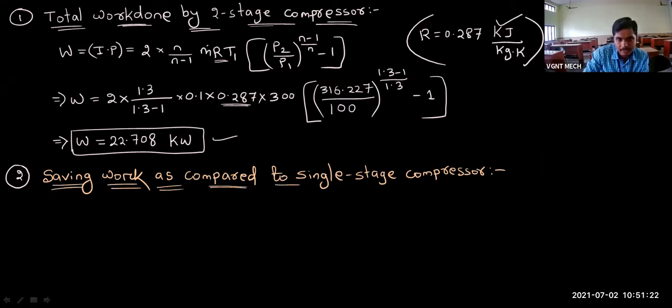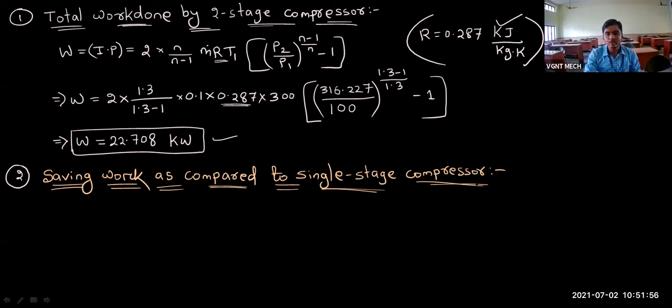The meaning of this is we have a single stage compressor and we have a two-stage compressor. So we have to do some work in single stage compressor and some work in two-stage compressor. Theoretically, it is proved that in two-stage compressor, the work done will be comparatively less as compared to single stage compressor. How much work we can save in case of a two-stage compressor, that we have to find out.